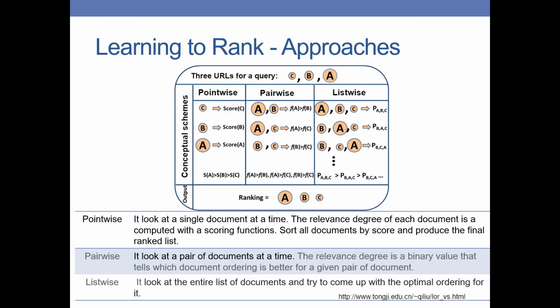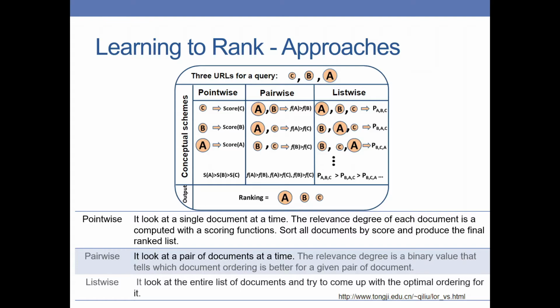To give you a simple analogy, think of it like you're doing a height measurement for a group of students. In the pointwise approach, you have a measuring tape. You measure each student's height and record the height on a sheet of paper, and then sort everybody in descending order and find the order. In the pairwise approach, assume that you don't have a measuring tape.